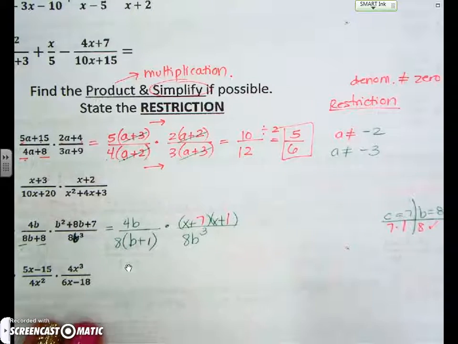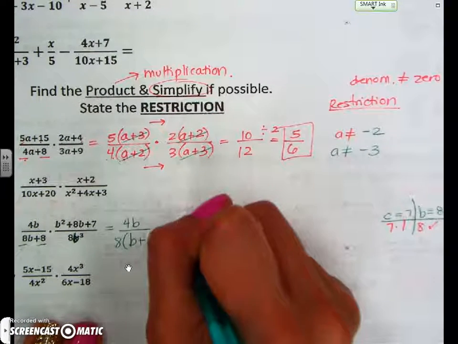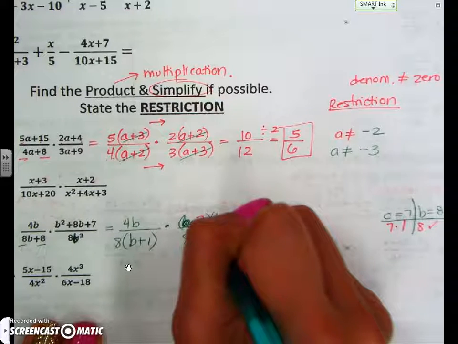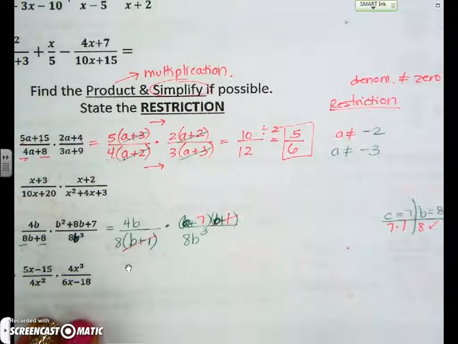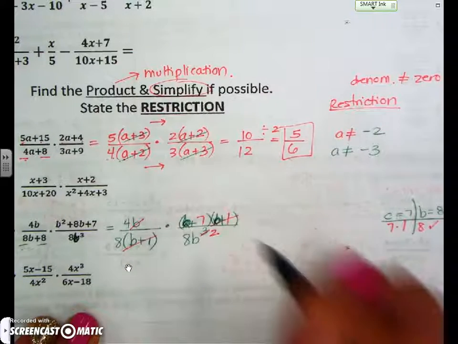Is there anything that I can, I should have put b, sorry. Is there anything that I can cancel from the numerator or the denominator? B plus 1, and what else? 1b, good. So then this is left with a 2.